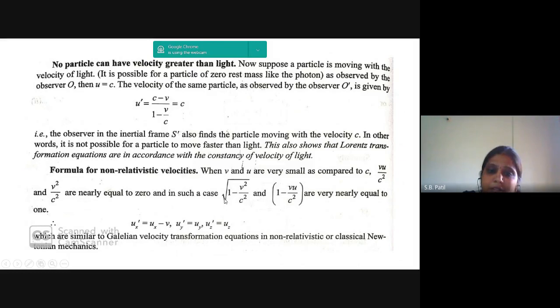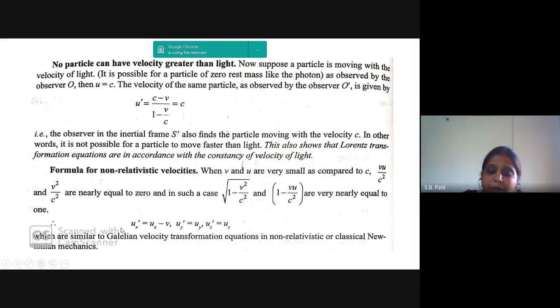So in such a case, the square root of 1 − v²/c² is nearly 1, and 1 − vu/c² is also nearly equal to 1.